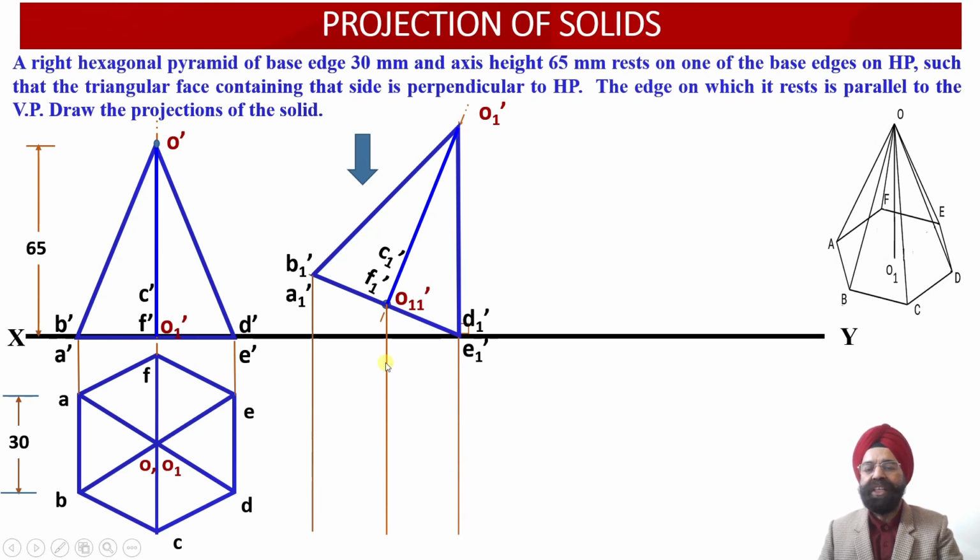So vertical projectors through these 8 points we are going to draw and extend them into the plan projection view, and then horizontal projectors will be drawn from the plan projection view which we had obtained earlier, and the corresponding intersection points of the horizontal projector lines and the vertical projection lines drawn through the elevation projection view will provide us with the locations of the projection of the inclined hexagonal pyramid onto the horizontal plane.